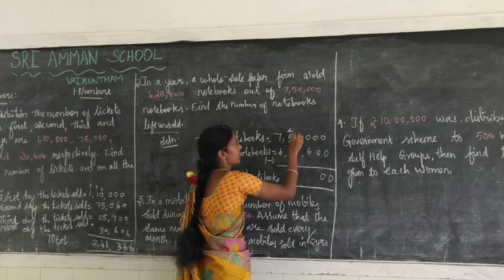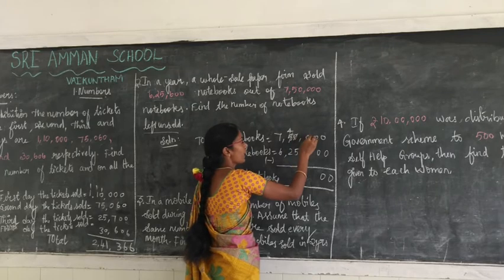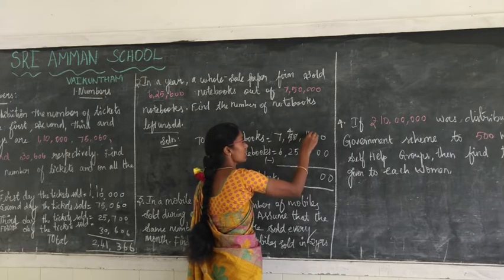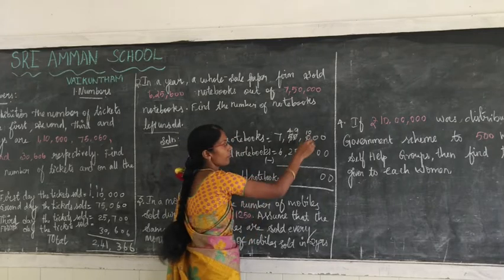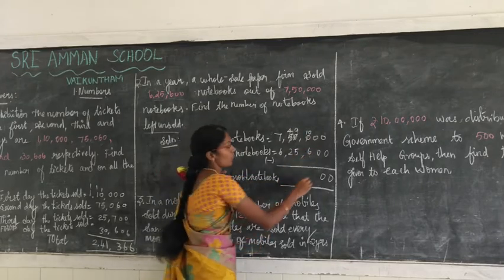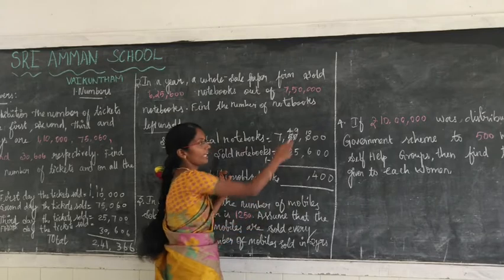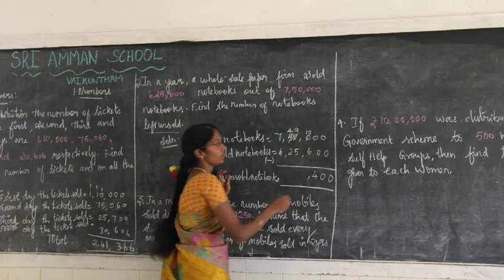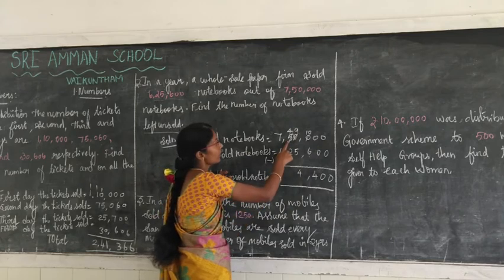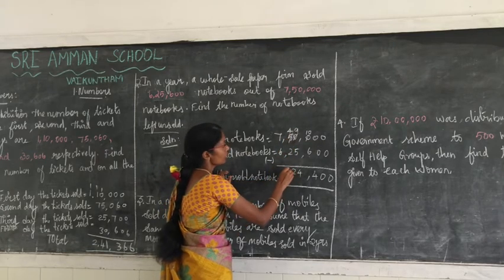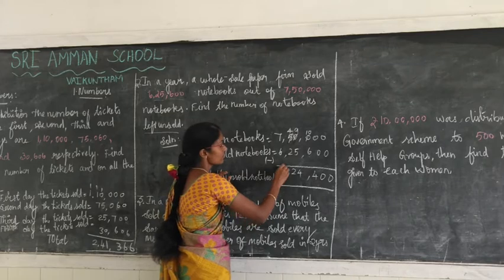So 10, and from that we give 1 here, so 10 minus 1 is 9. So 10 minus 6 is 4. Next, 9 minus 5, what? 4. Next, 4 minus 2, 2. 7 minus 6, 1.